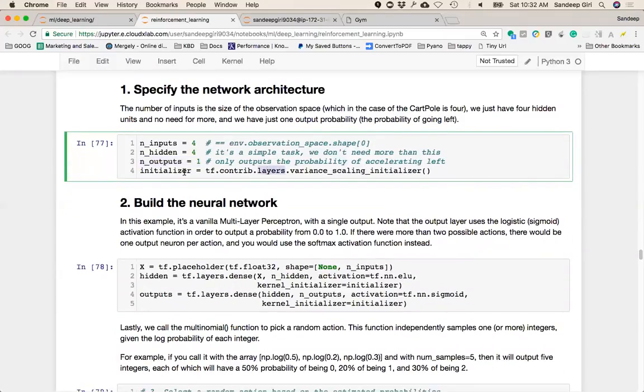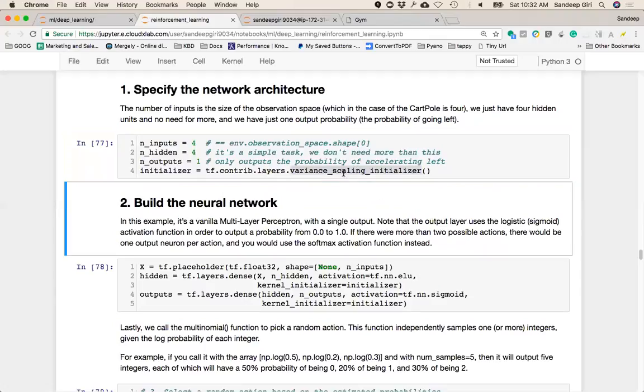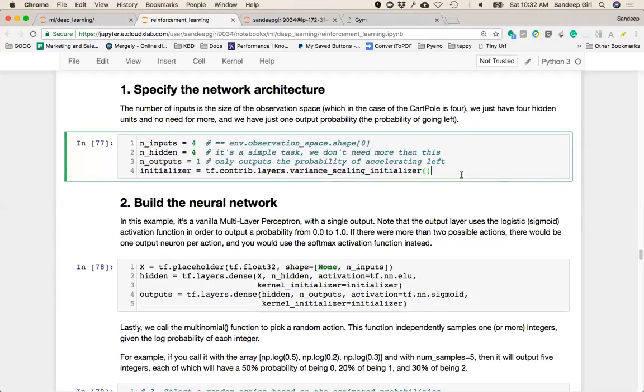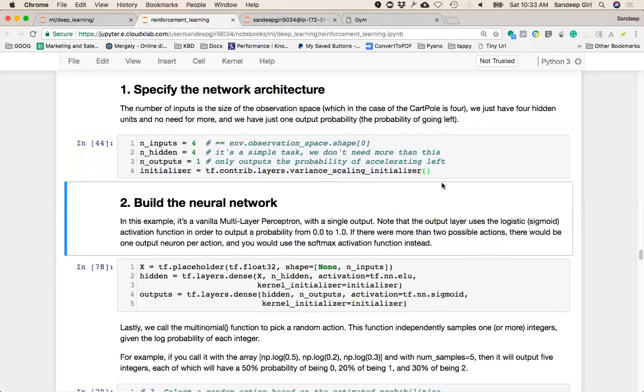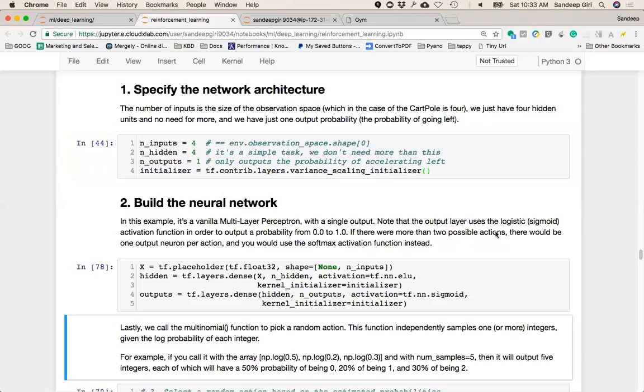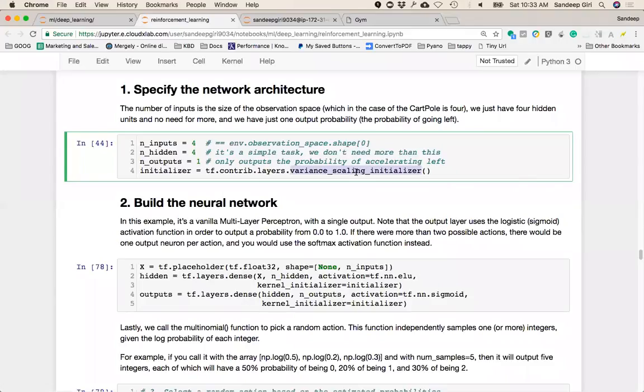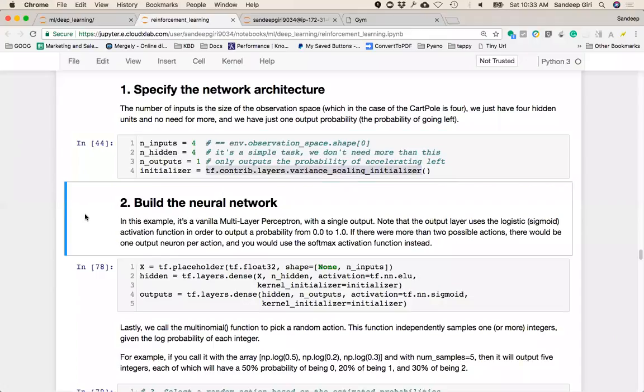Then we are creating an initializer based on the variance scaling initializer. A question from Mintao is what this part means. It's essentially a function for initializing, based on a statistical way of initializing values, just like the initialization we did before. Let's take a look at this one.